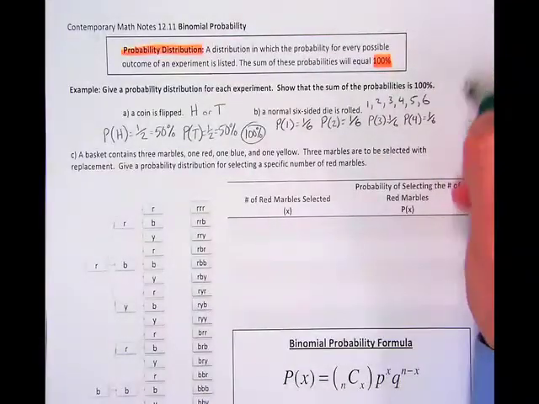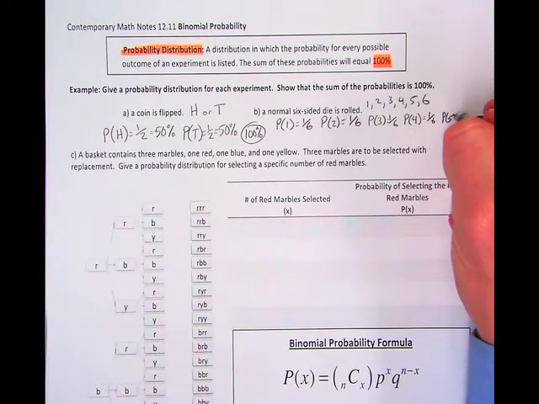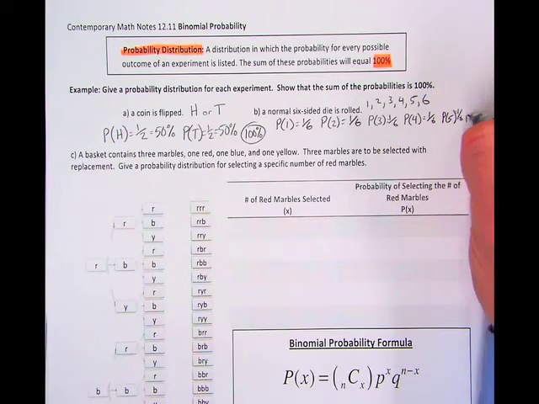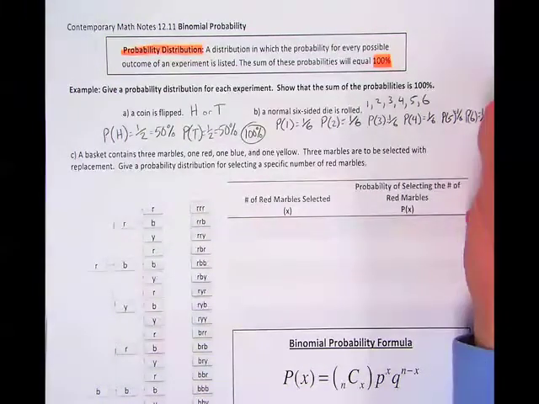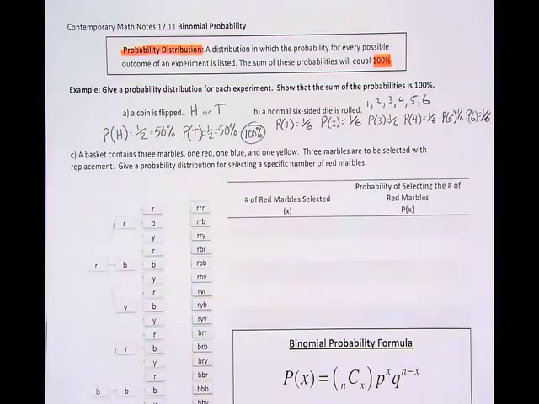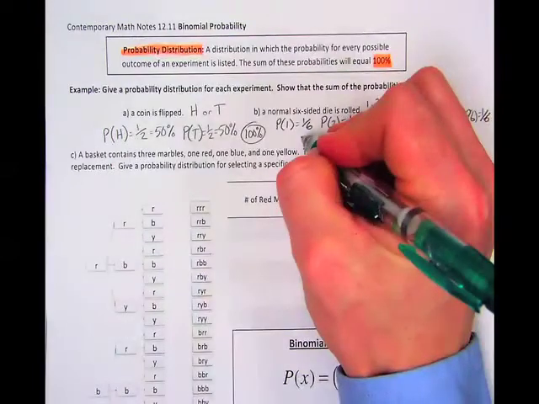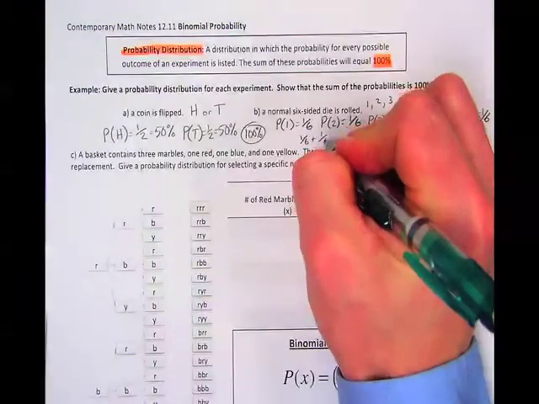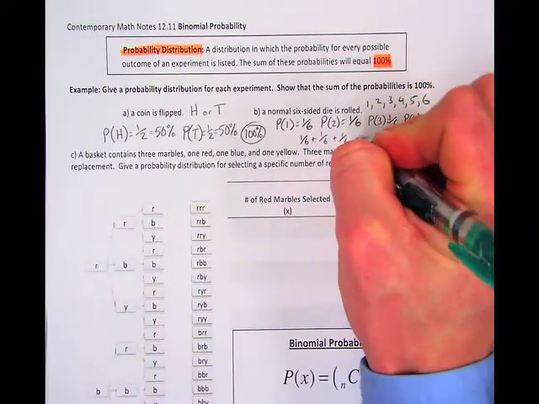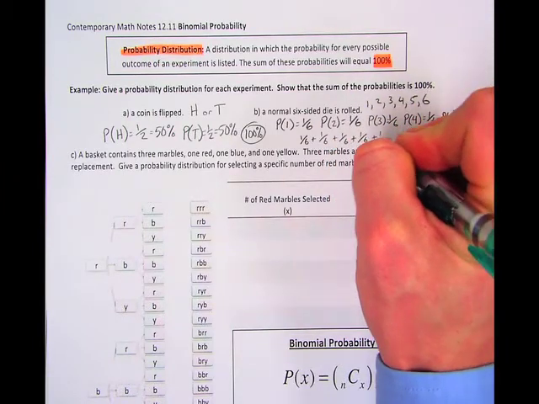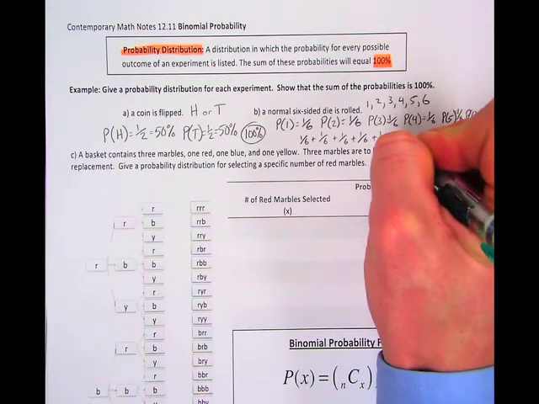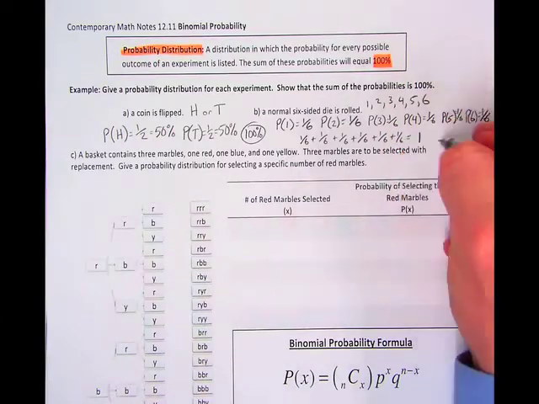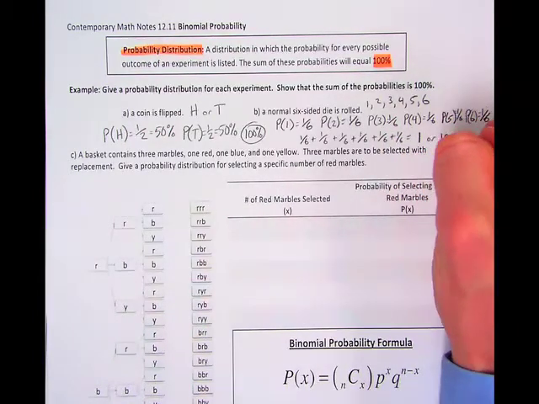The probability of getting a 5 is 1 out of 6. And the probability of getting a 6 is also 1 out of 6. When we add up all the probabilities, we do get 1 or 100%.